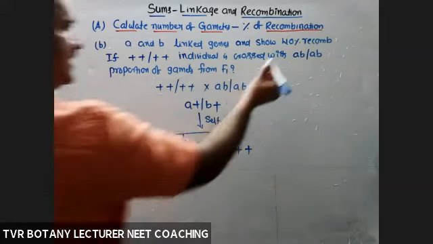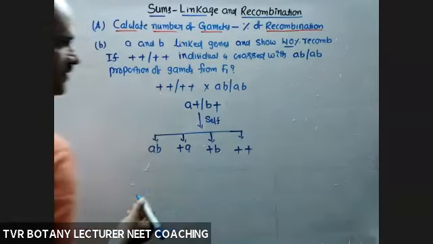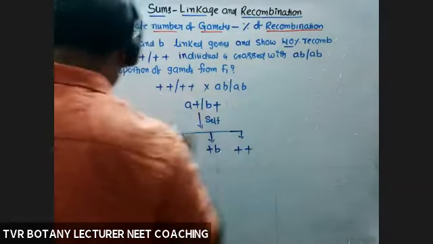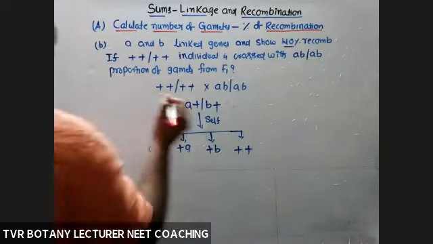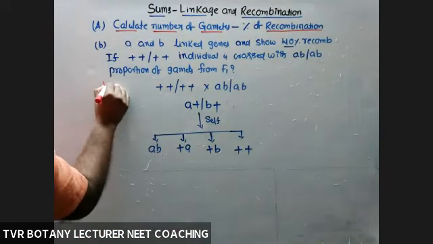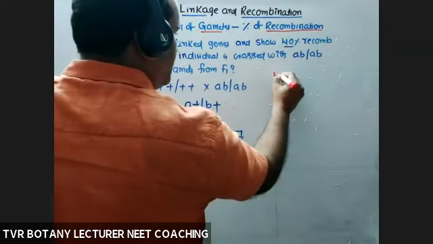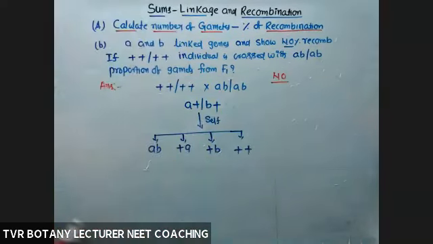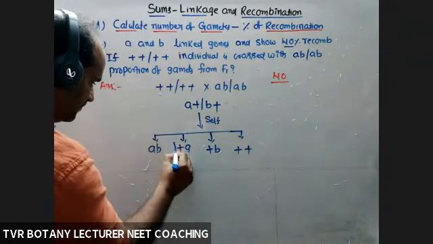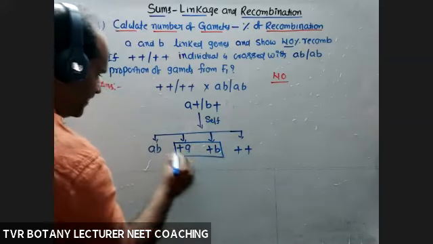Now go back to percentage of recombination. How much is given? 40%. So 40 divided by the number of kinds of recombinant gametes here. These two are the recombinant gametes.